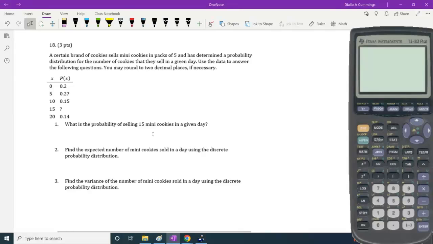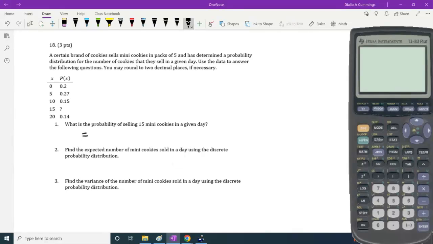The first question says, what is the probability of selling 15 mini cookies in a given day? Add up the current probabilities and subtract from 1. So we're going to add up all of our probabilities and subtract from 1. I'm going to write it out in an algebraic format.